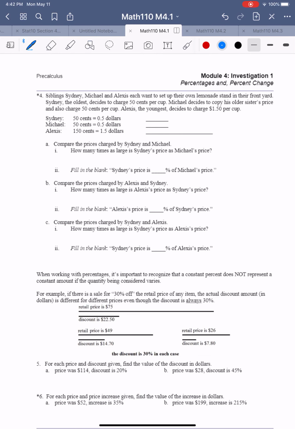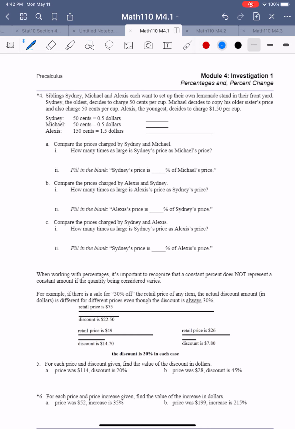All right, number 4. We can compare the prices of lemonade among siblings. Siblings Sydney, Michael, and Alexis each want to set up their own lemonade stand in their front yard. Sydney, the oldest, decides to charge 50 cents per cup. Michael decides to copy his older sister's price and also charge 50 cents per cup.